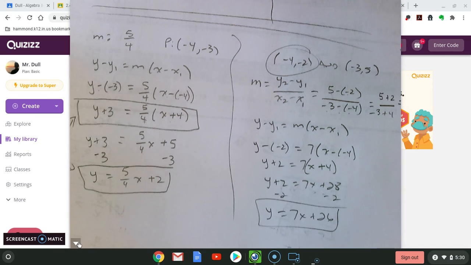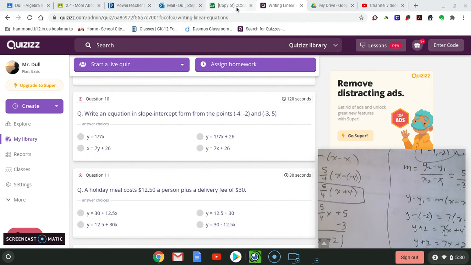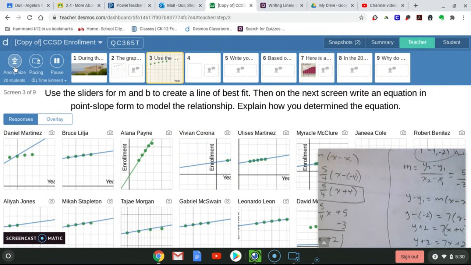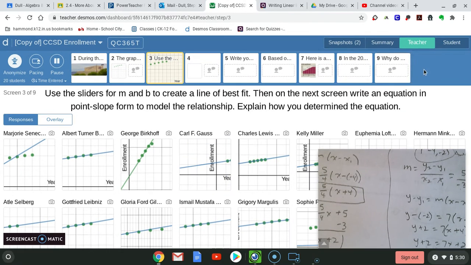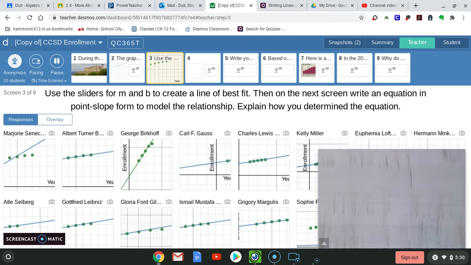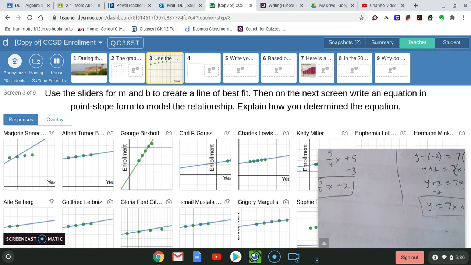I did want to do one other thing with you guys, and I wanted to jump over and take a look back at the work that you guys did in the Desmos activity today. We were using some data points to try to create a model of data, and then taking that model and using it to make some predictions about what might happen in some of the years that weren't included in those original data points.